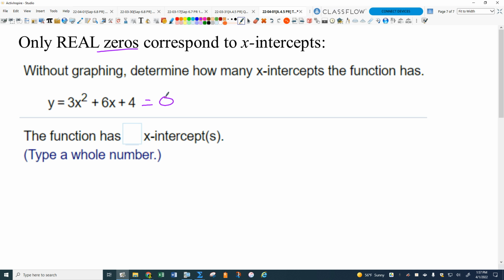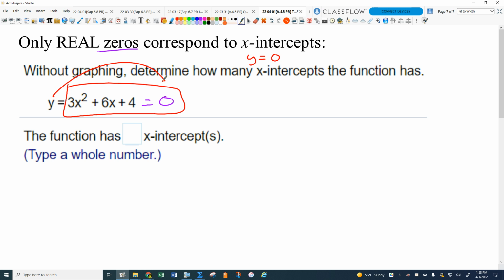Well, what is an x-intercept? An x-intercept is what we get on a graph when what variable is equal to 0? Y, right? So x-intercepts always happen when y equals 0, which is what we're doing here. If I set this function equal to 0, aren't we just setting y equal to 0?